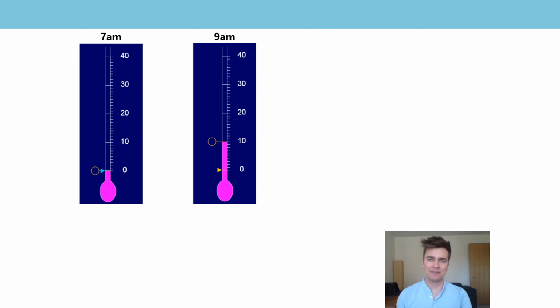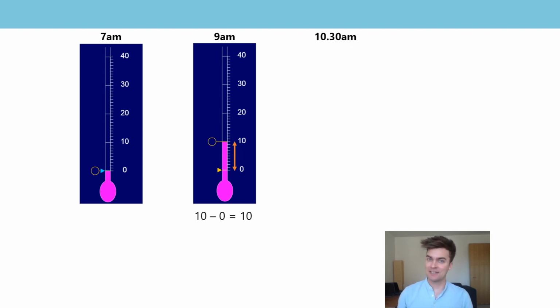It was 0 degrees Celsius. It's now 10 degrees Celsius. How can we use subtraction to represent the difference in temperatures? 10 subtract 0 is equal to 10. The difference between the two temperatures is 10 degrees Celsius.